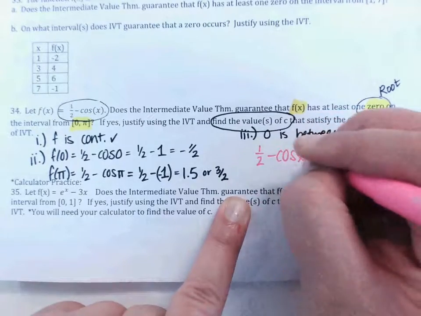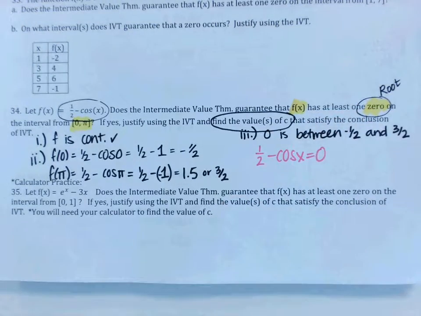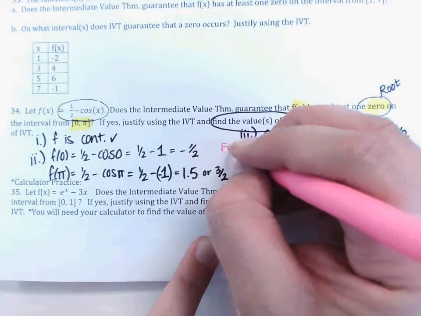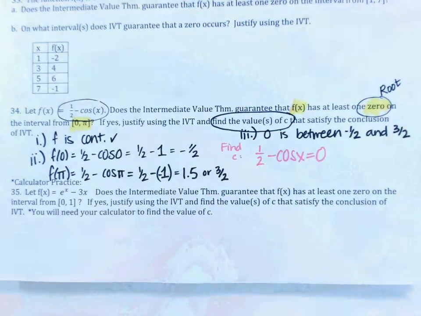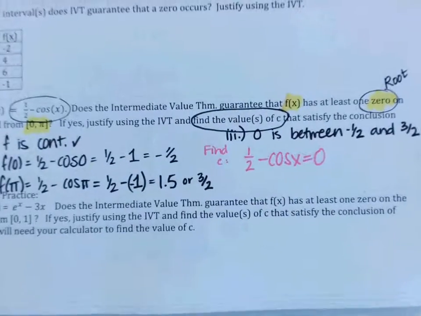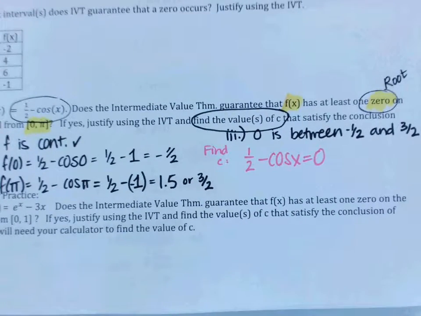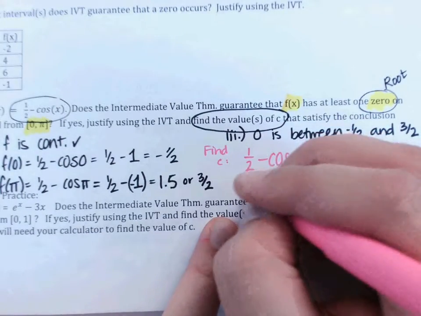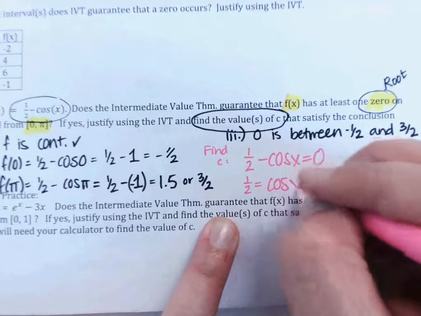Good. And how would you solve that? This is find C. What would you do first? Yeah, I'd move the cosine across, probably. So make it a half equals cosine x.